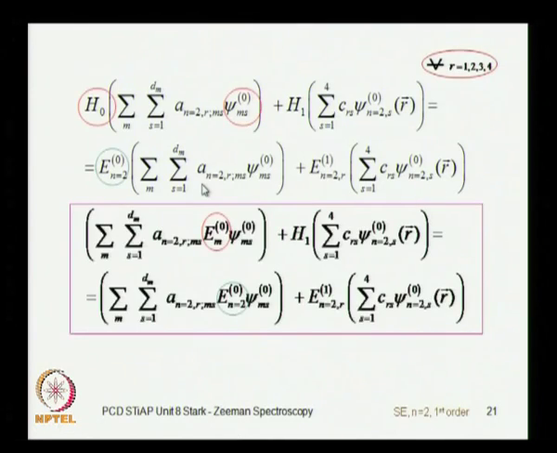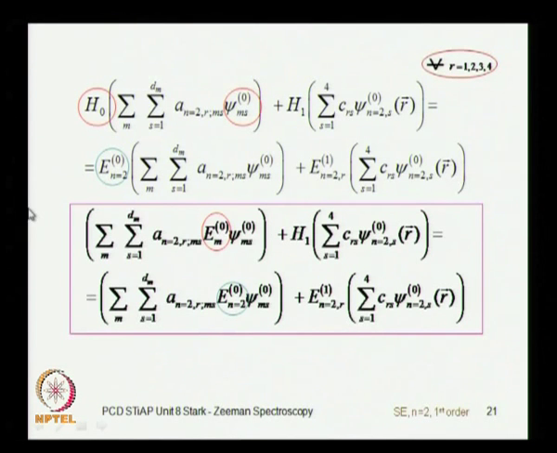So, that is not really very difficult, and all we have done is to substitute these terms, and now notice that this H0 when it operates on psi 0 will give you E0 psi 0, and you have got similar terms on the right hand side as well, which are the eigenvalues of the unperturbed Hamiltonian.